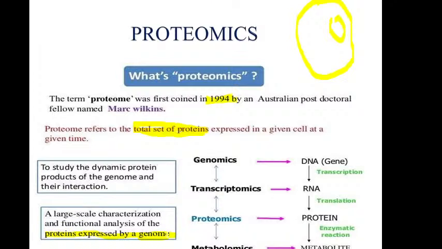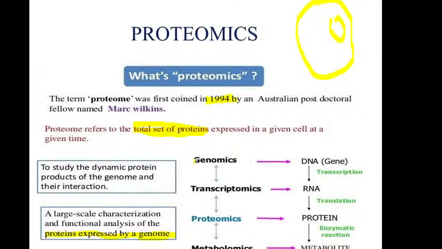So when, in the genome, we are able to understand the functioning or the expression of the proteins, then it is known as proteomics. We are able to understand the interactions within the proteins, the functions of these proteins, everything related to proteins.